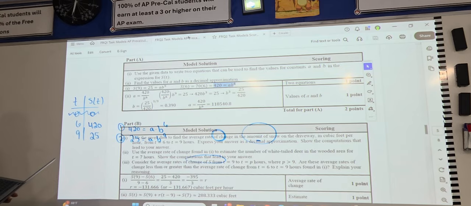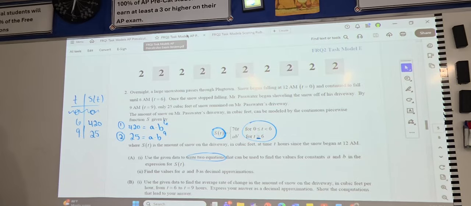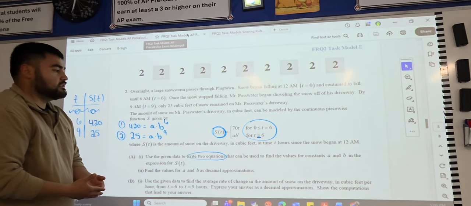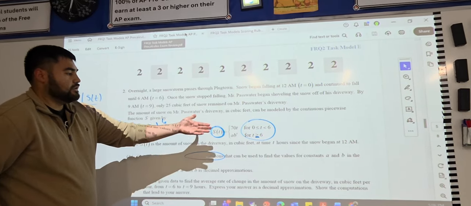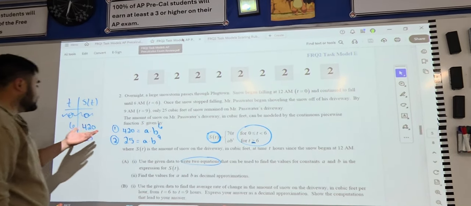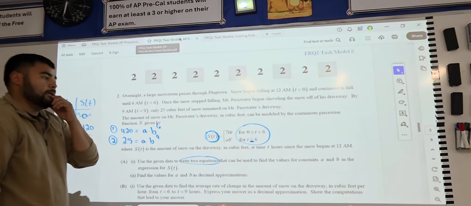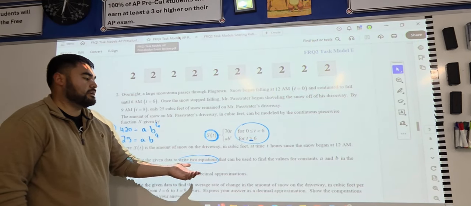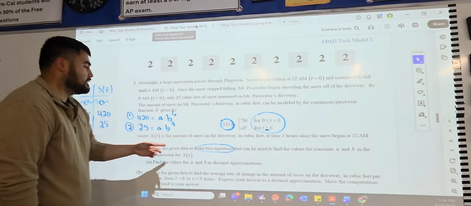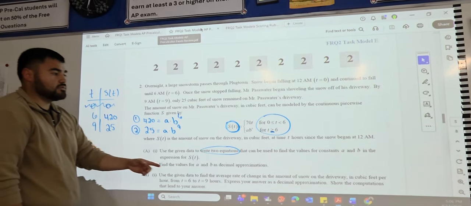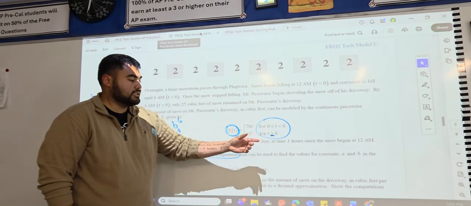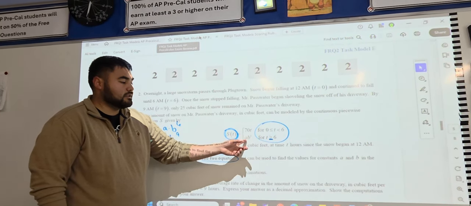So this piecewise function allowed us to use the first equation to find our output for 6. And because the inputs 6 and 9 are both greater than or equal to 6, we just managed to focus on this one.